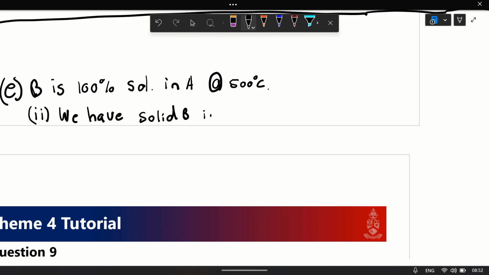So it'll be in equilibrium with some liquid, which is of course B liquid plus A liquid, right? That's what we see in the graph.